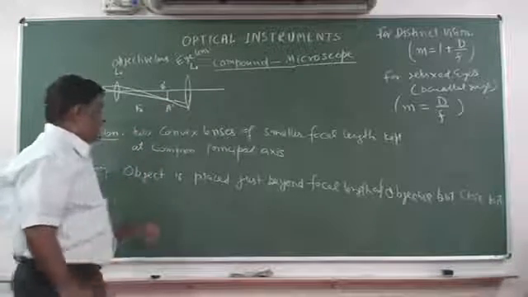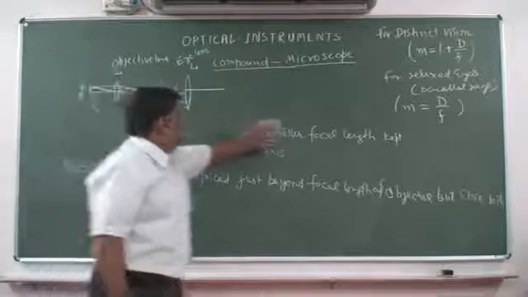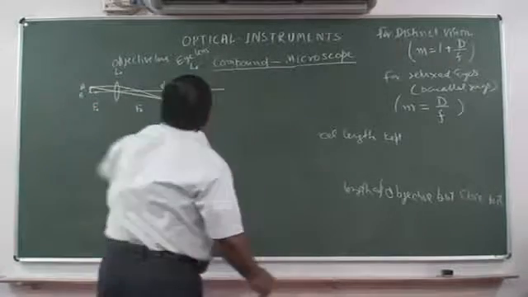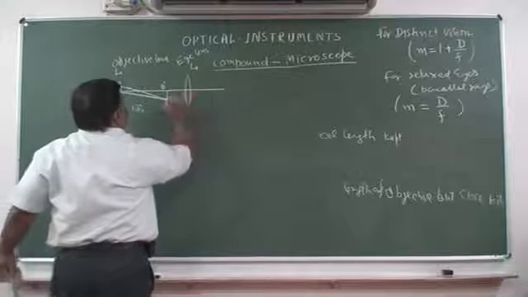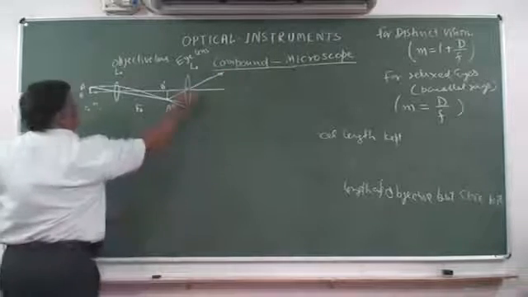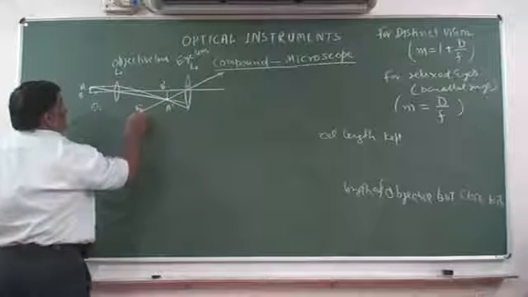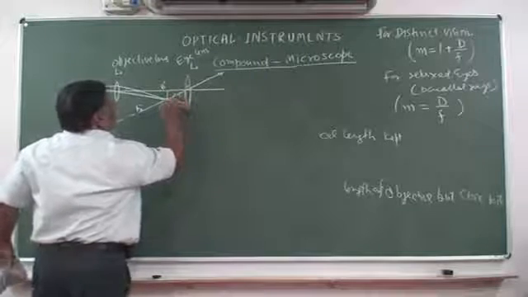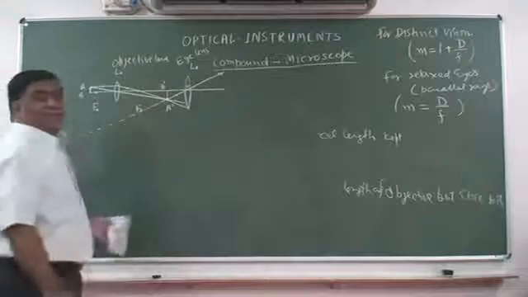How do we make it? To find out the location of the image of A dash B dash, again we go to the rules of refraction. The rules of refraction say that any ray going from this point to the optical center will go straight without any refraction. This is the optical center. So this is going in this direction like this, and appears to come from this direction.